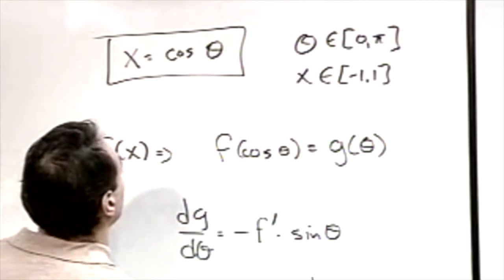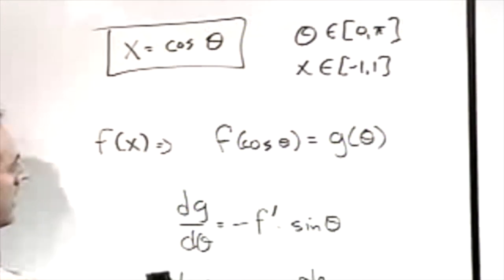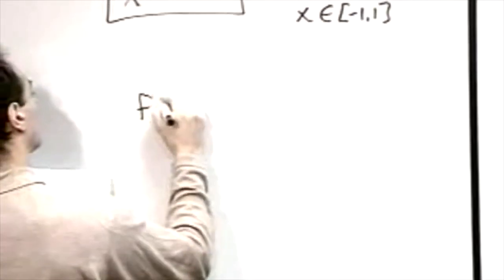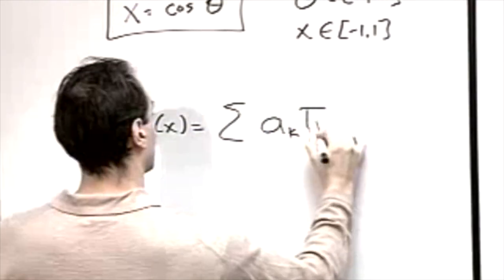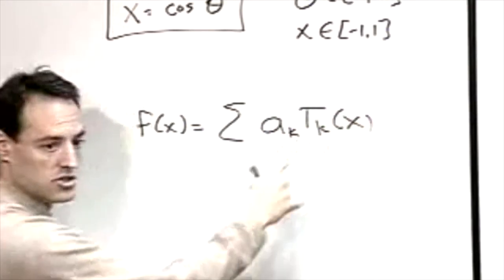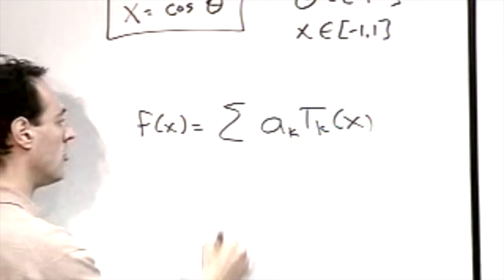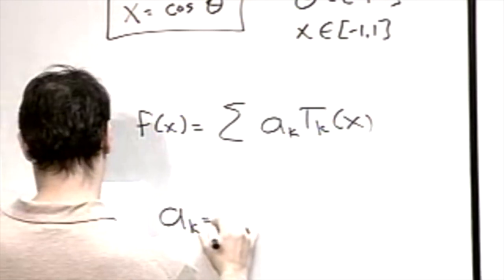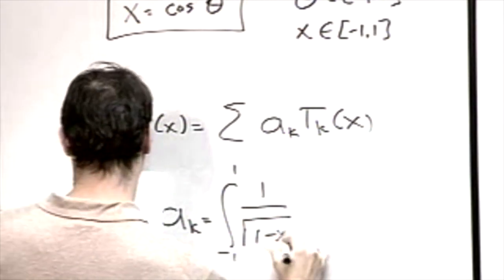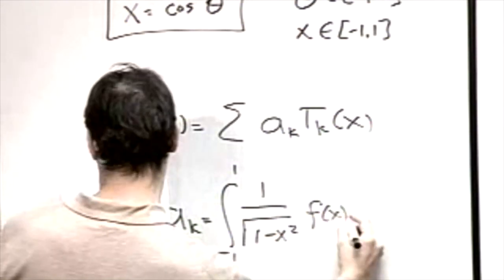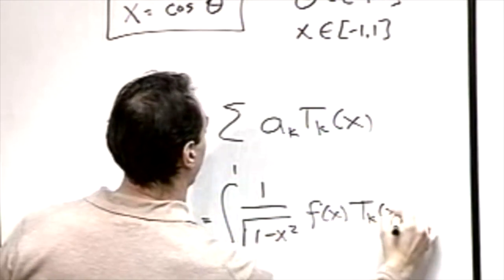Okay? Let's write this down. Is everybody okay with that? You're going to expand now an arbitrary function, f of x, in terms of these Chebyshev polynomials, where you've got to calculate these coefficients. This is the big deal for you to do. This is what you want to do computationally as fast as possible.